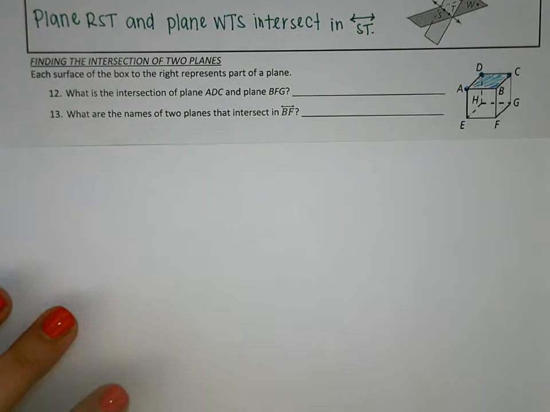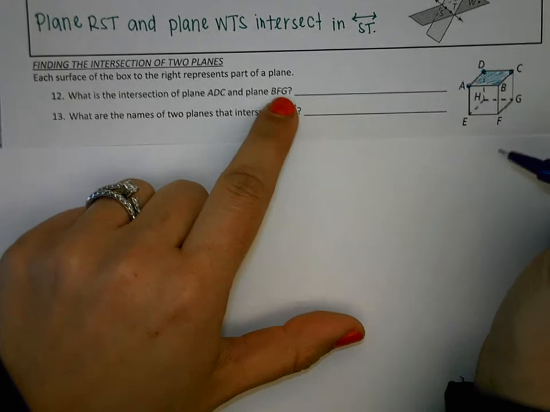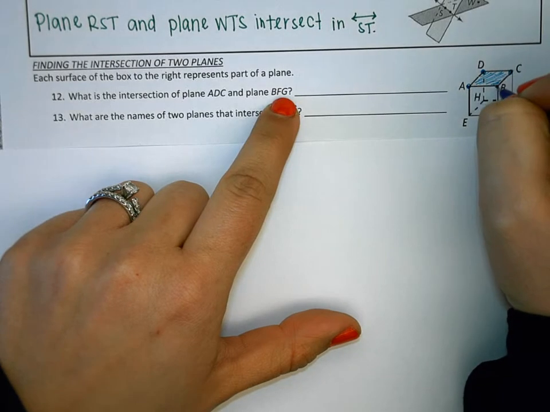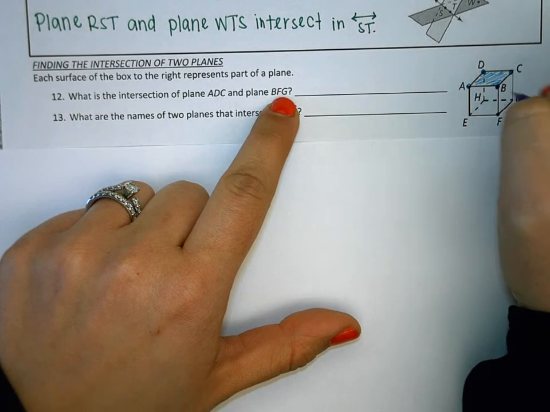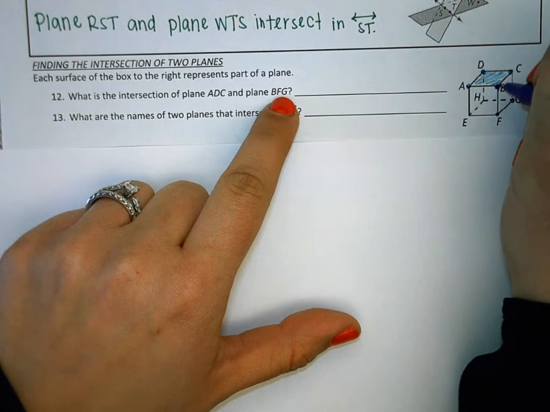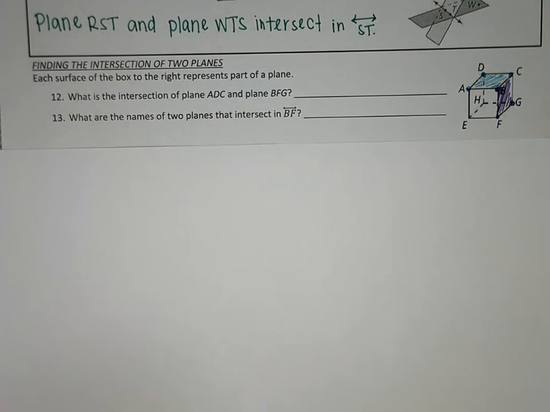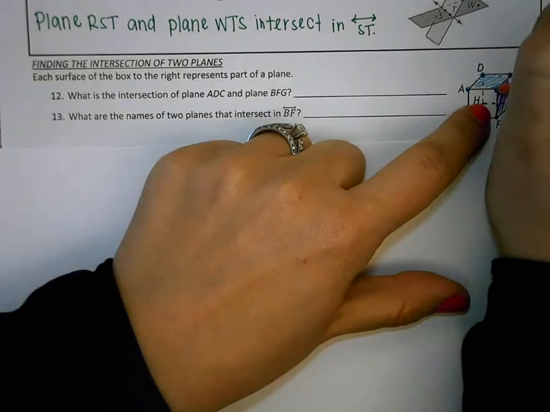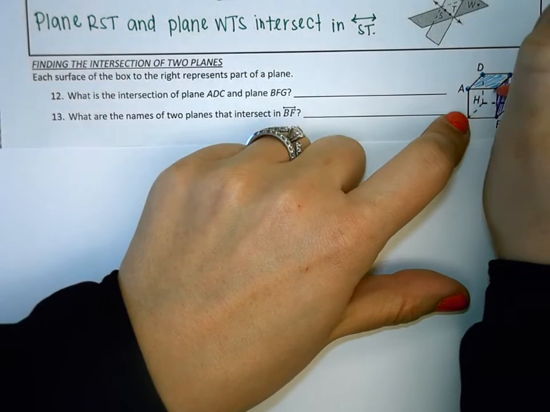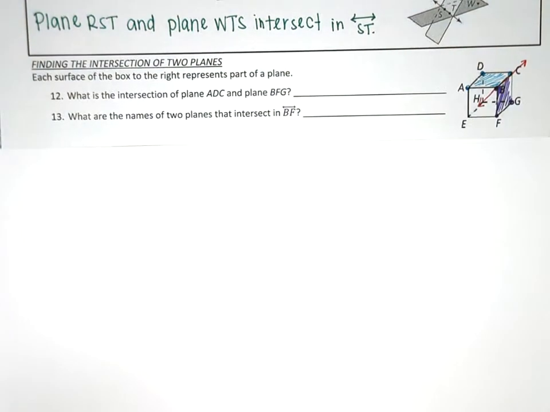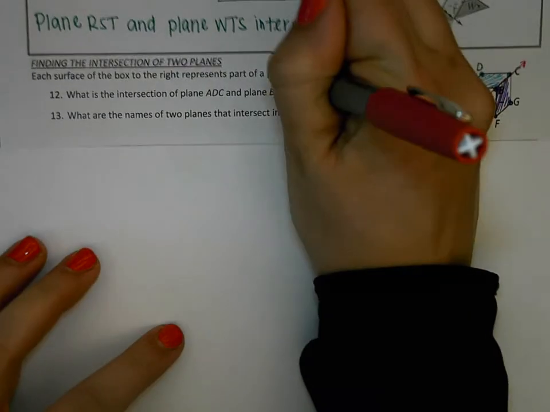And the plane BFG, which is this plane here, they intersect. Where do they intersect? Do you guys see the corner where they intersect? So right here on this edge, that's where they intersect. So draw the line. So the name of the line where they intersect is line BC or CB.